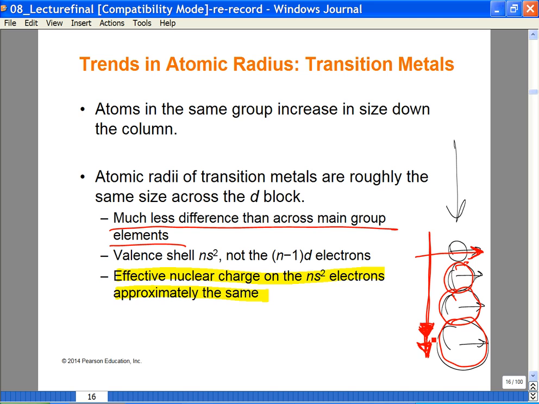As we go down from period 4 to 5 to 6 to 7, within each family, we experience a larger atom. But across the period, there's not as much difference. Just remember that.